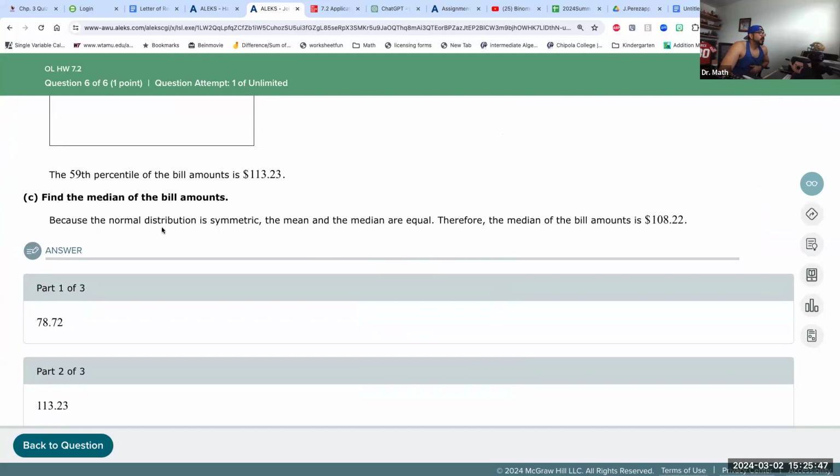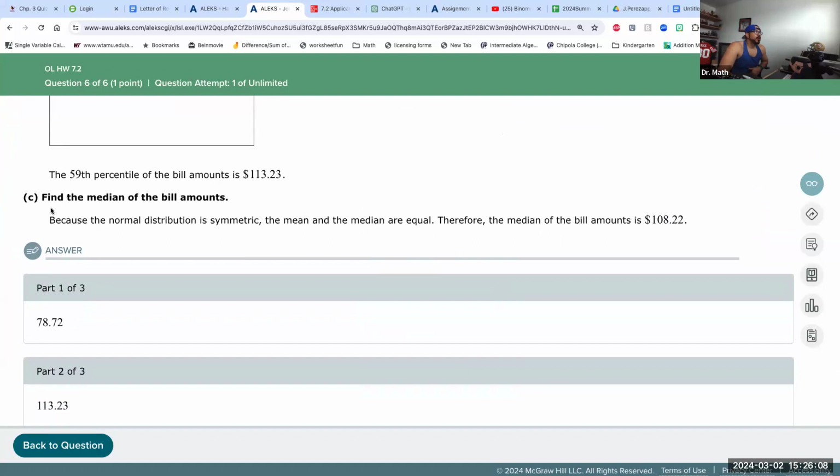Since we have a normal distribution, that means everything's symmetric. The mean and the median are equal, all right? So whatever the mean is, the median is the same. So the median is the number right smack in the middle, and they tell us from the beginning that the number right smack in the middle is 108.22.